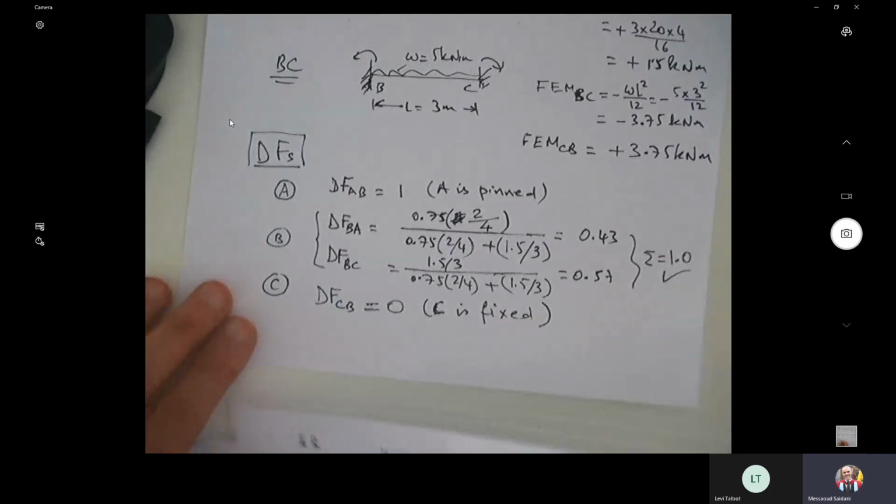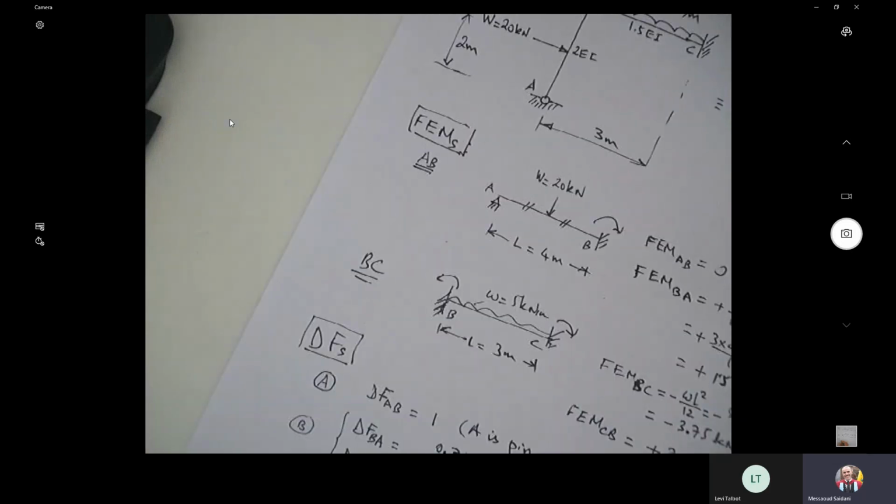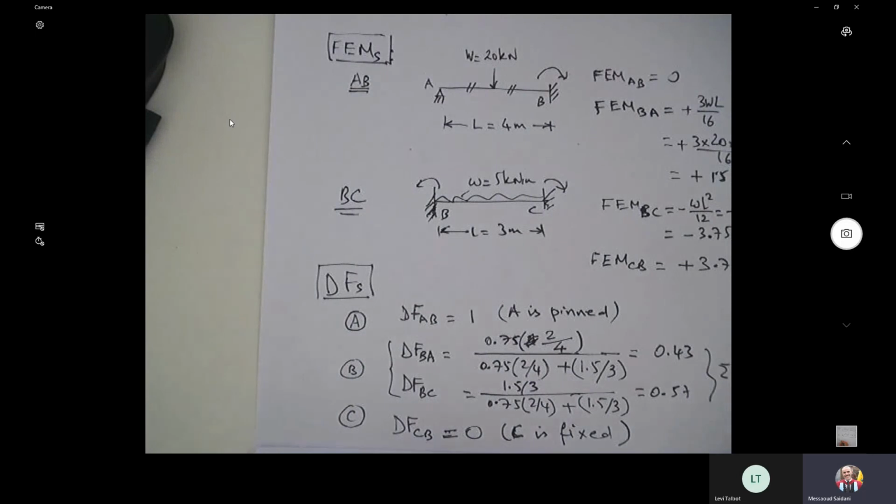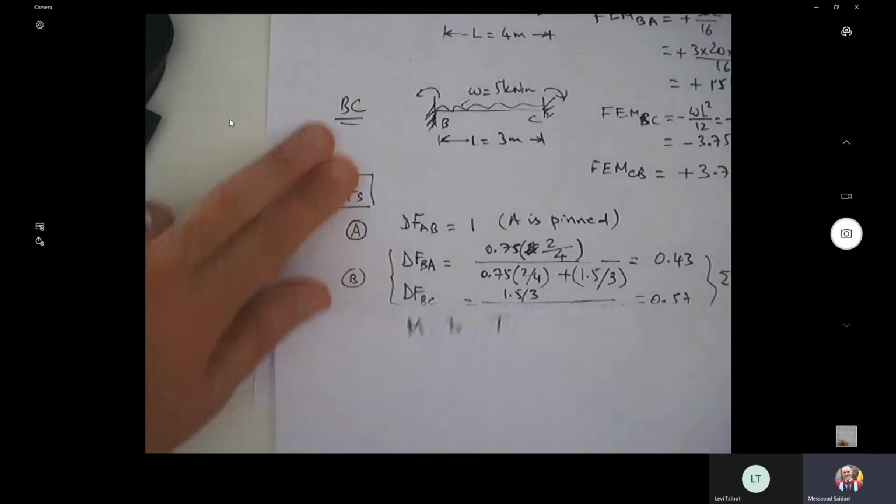So let's do the moment distribution table.